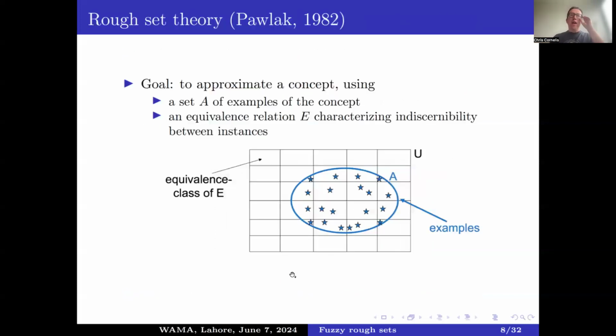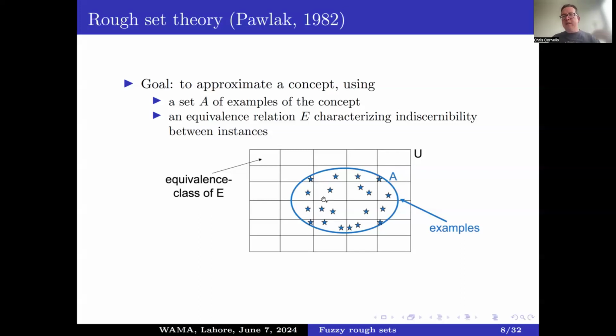Now, if we look at the mathematical framework of that, as Pawlak, a Polish scientist who proposed this theory in 1982, defines, the goal in rough set theory would be to approximate some concept, for example, the clients who get the loan, using a set of examples.